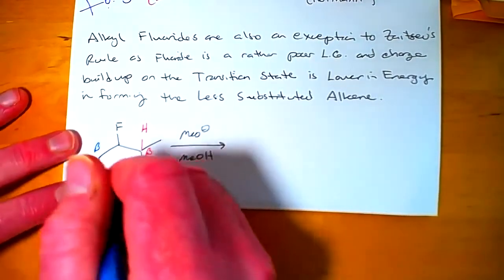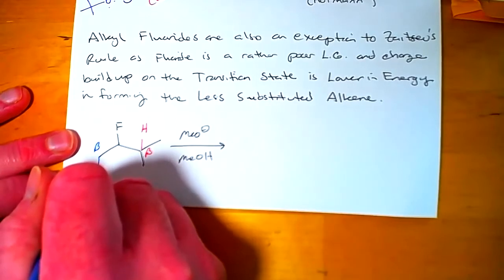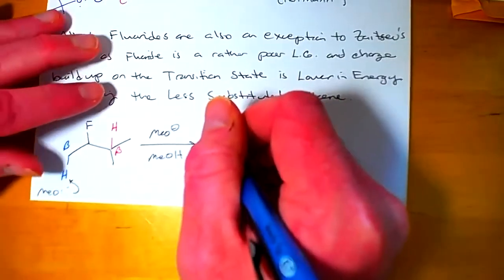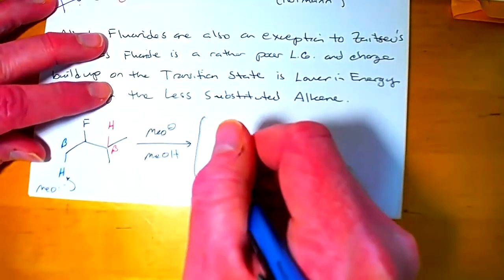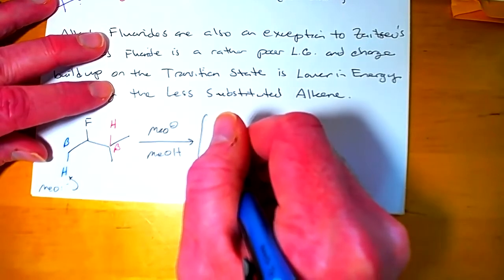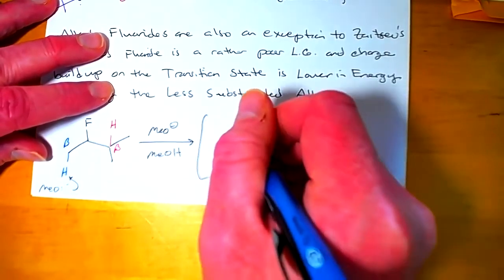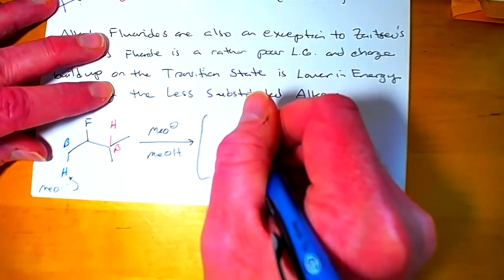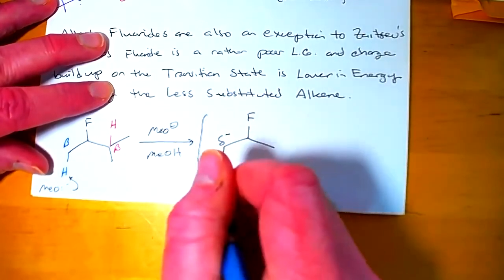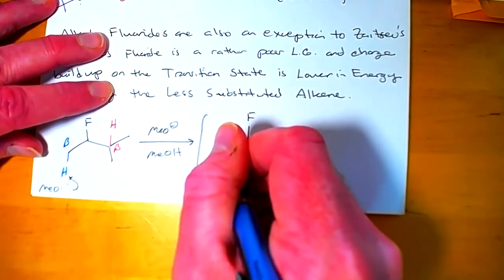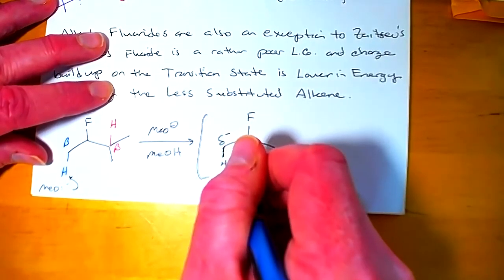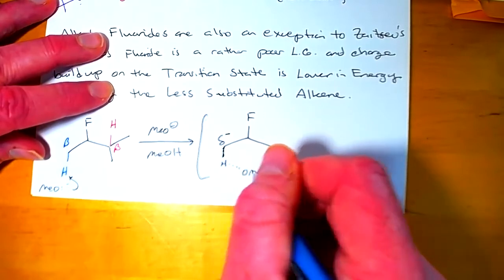But it turns out that when the methoxide comes in and starts to attack that hydrogen, the transition state actually behaves like this. Instead of the fluoride just immediately leaving, you get quite a bit of negative charge buildup on the adjacent carbon first, as the bond to hydrogen starts to be broken by the methoxide.